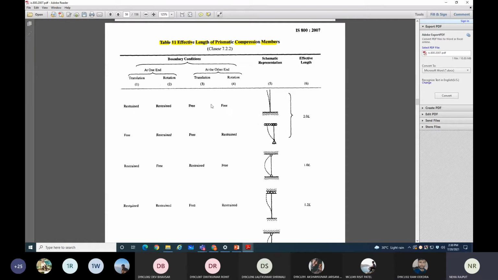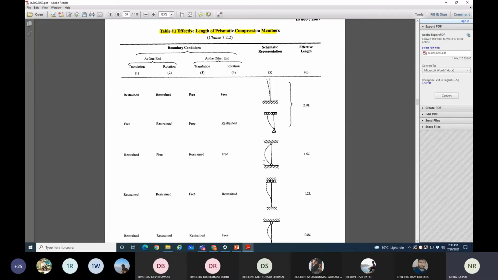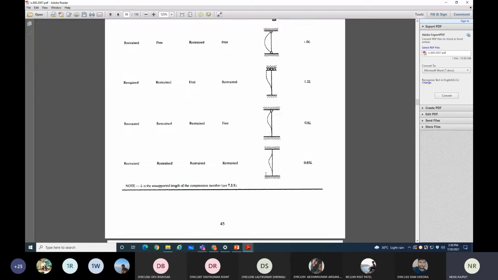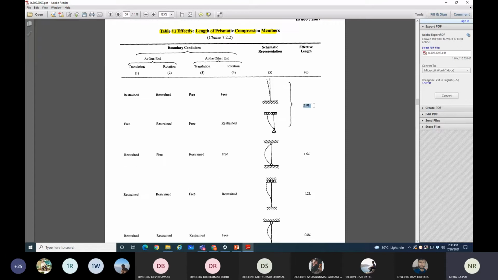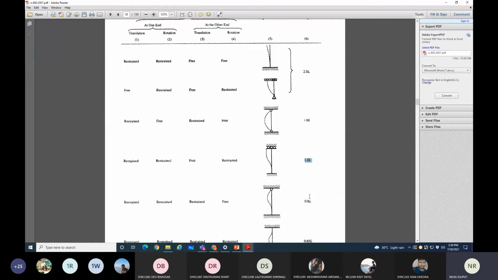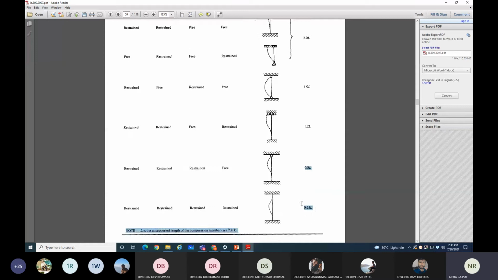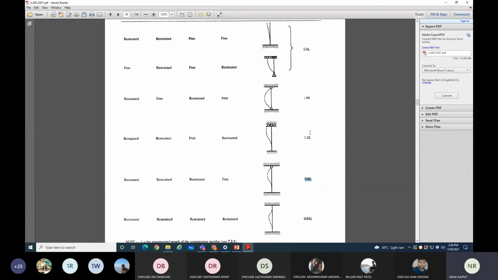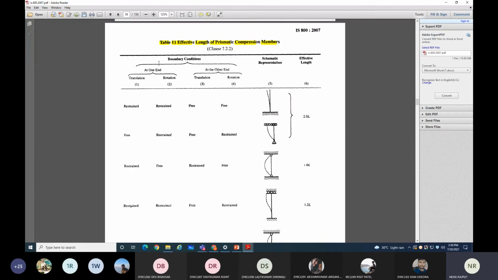Restraint means you are not allowing, free means you are allowing, and for that the schematic representation in terms of the deflection behavior of the column or the vertical member is given, and for that condition the effective length is given, right? For your design you require to know the length of the member, and that you can find from this table number 11. Clear?